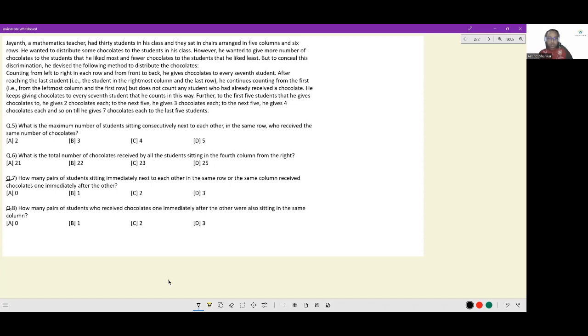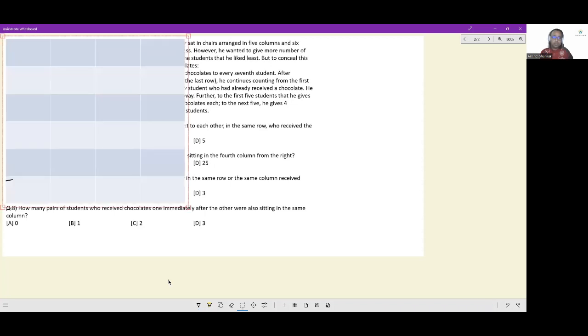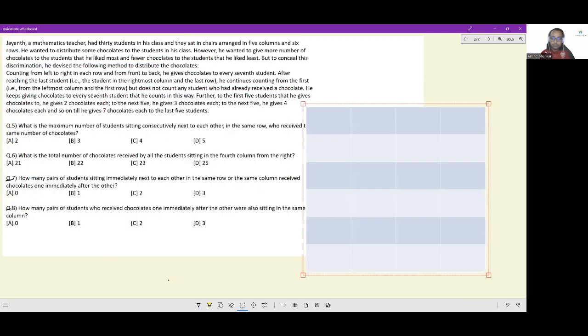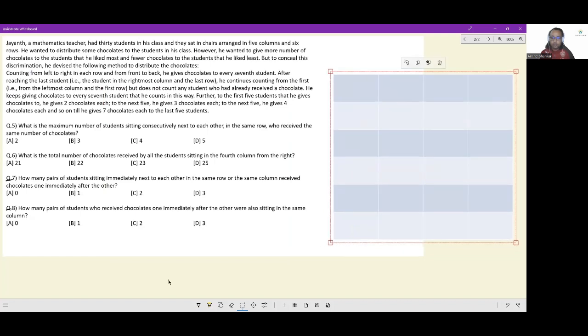You have to make a table. But when you're making that table, please make sure you make a huge table. Something like this. Here, I'm going ahead and naming this. This is row 1. This is row 2. This is row 3. This is row 4. This is row 5.